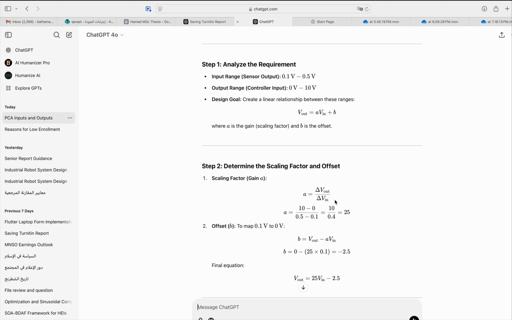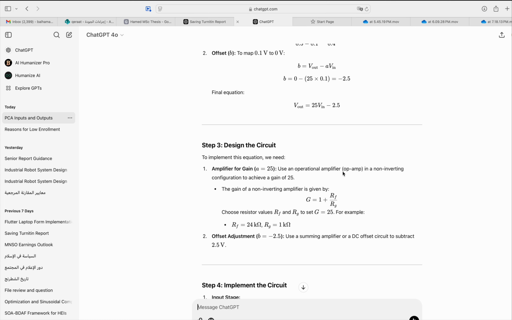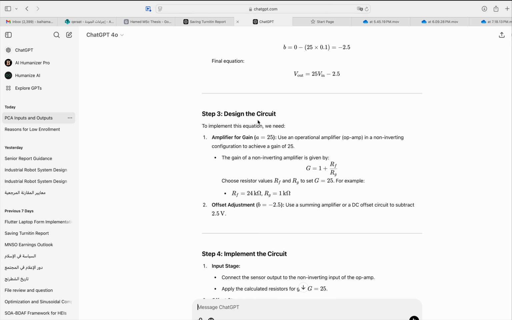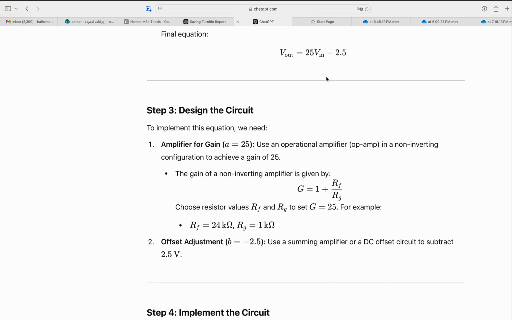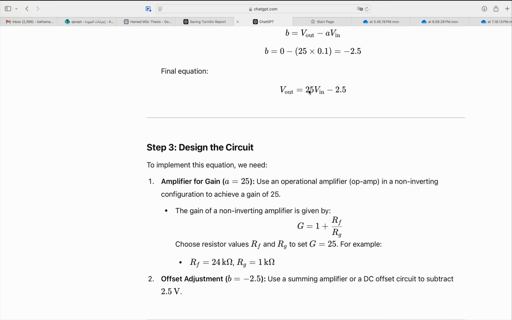So this is one way of doing it, which is the easiest way. The other way is to subtract minus 0.1, and then you find just the scaling factor. Now, designing the circuit, if I want to put this equation, the ratio of R2 divided by R1 is 25. So I can use this, or I may want to use a non-inverting amplifier.